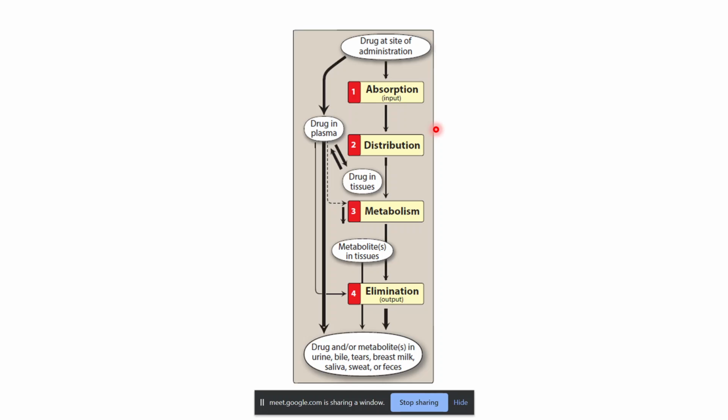And then distribution is the second step.